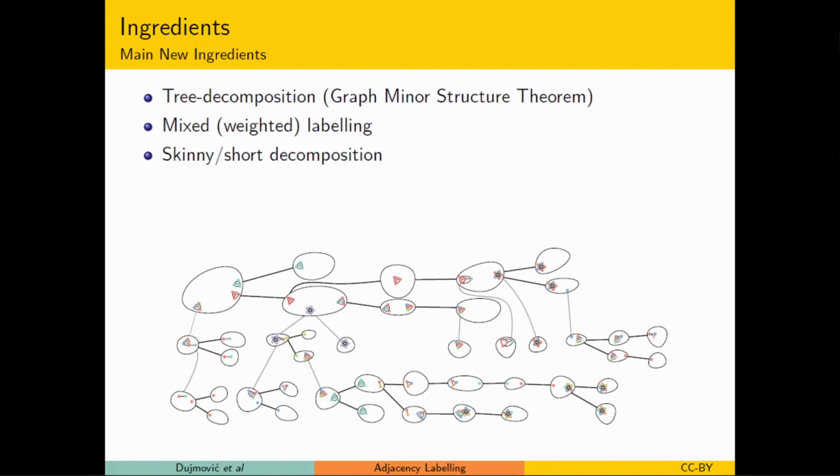But the key point is that, in the case of Robertson and Seymour, if you look at two adjacent bags, like these two, they have a small number of vertices in common, some constant that depends only on H. They have only a small number of vertices in common.